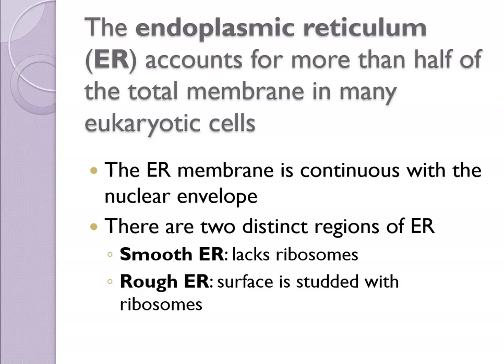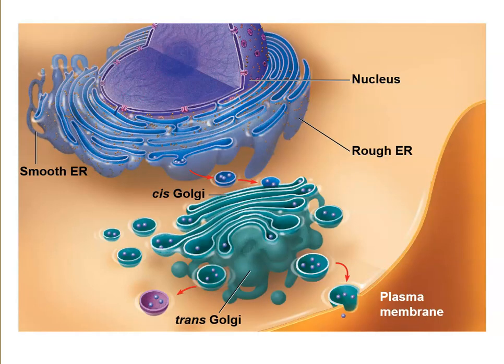So one of the first organelles involved in the endomembrane system after the message leaves the nucleus, let me step back actually to just mention again that it's the first, I don't want to say organelle, but the part of the organelle involved in the endomembrane system would be the nuclear envelope.